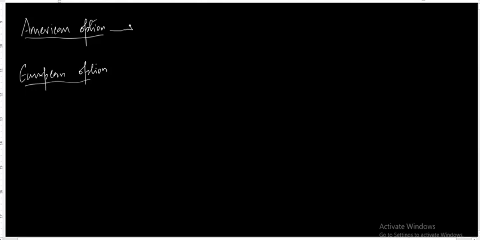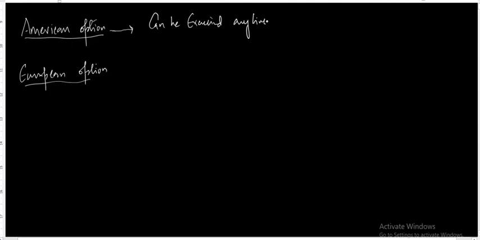Now these options are of different types. For example, we have an American option, and we have a European option. The difference between the American and the European option is that the American option can be exercised anytime.